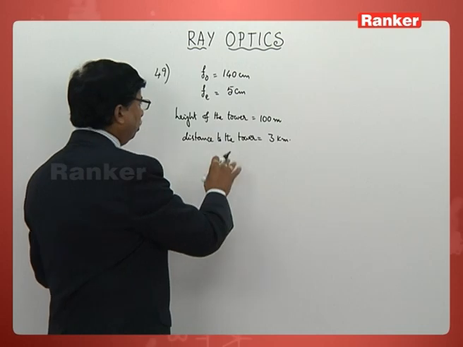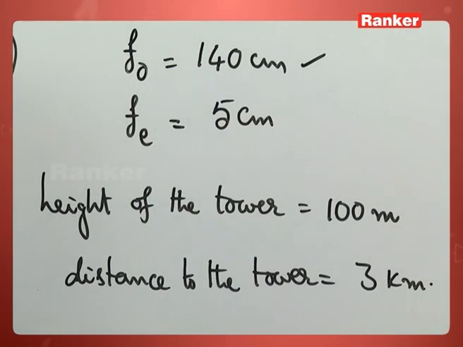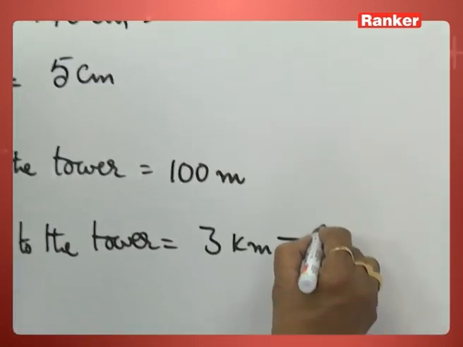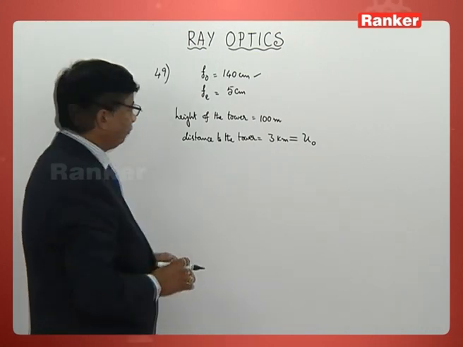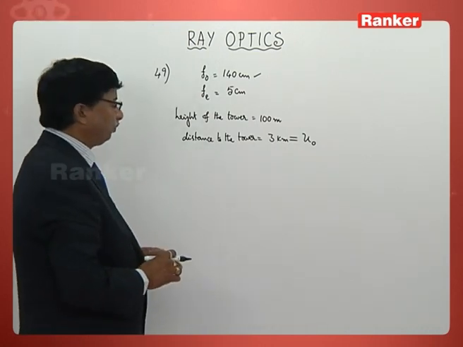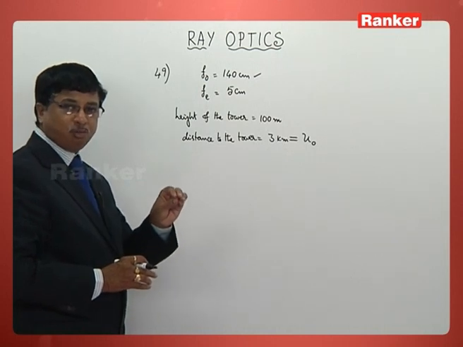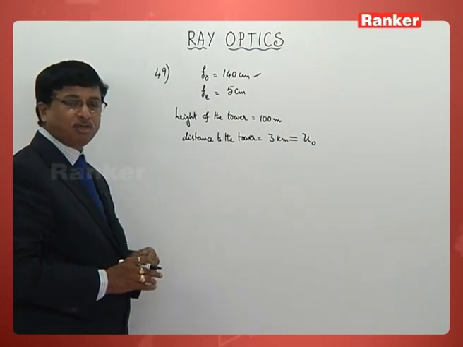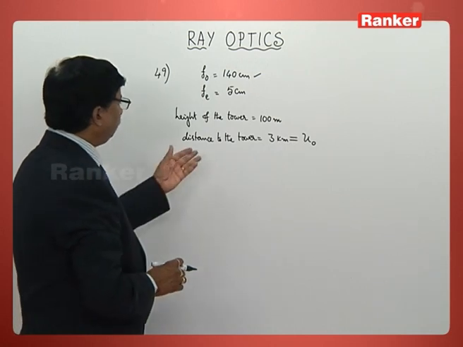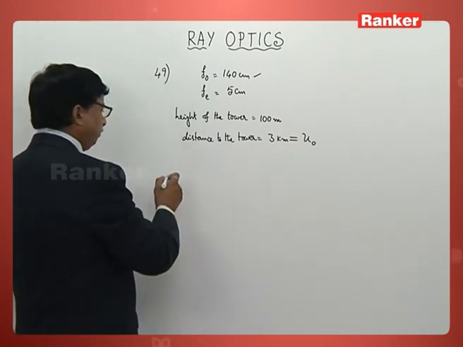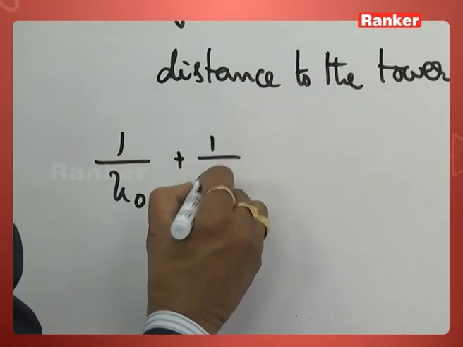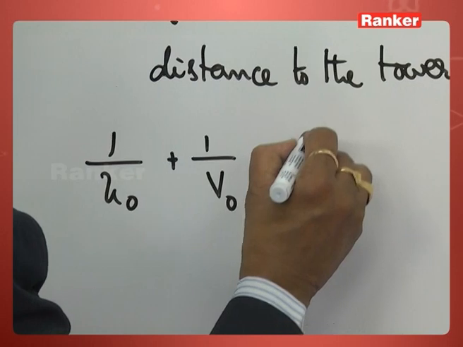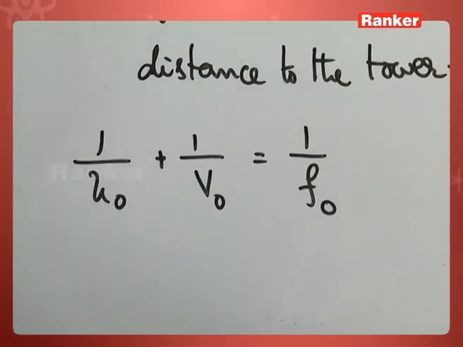So first and foremost, take this value. Distance to the tower means I can write this as the object distance with respect to the objective. Now taking these two, first estimate the image distance from that objective. Roughly, 1 by UO plus 1 by VO is equal to 1 by FO.